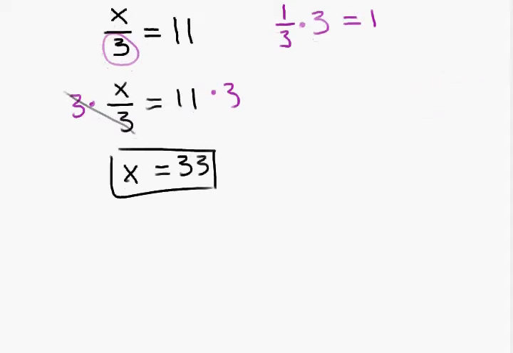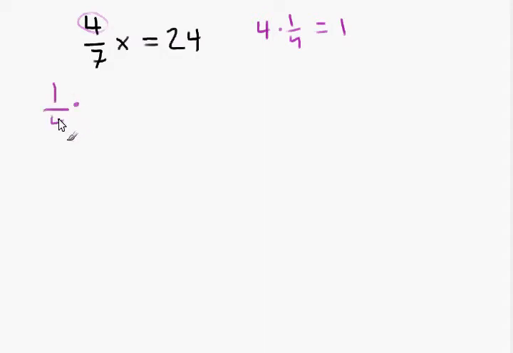In the next one, I want to look at something even more different. I want to take 4, divide it by 7, then multiply it by x, and we're going to set that equal to 24. Well, we're going to do this one in 2 parts. First, we're going to look at 4, and we're going to say 4 times 1/4, that's 1. So I'm going to take this side, multiply by 1/4, or divide by 4.